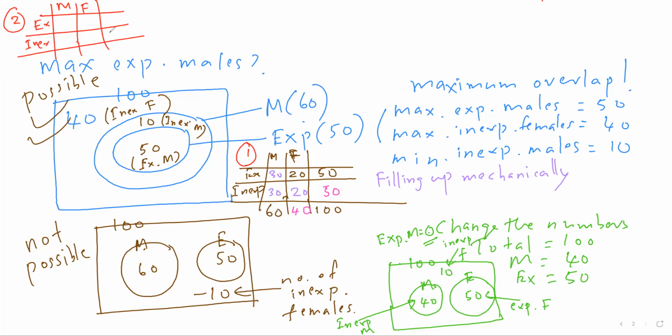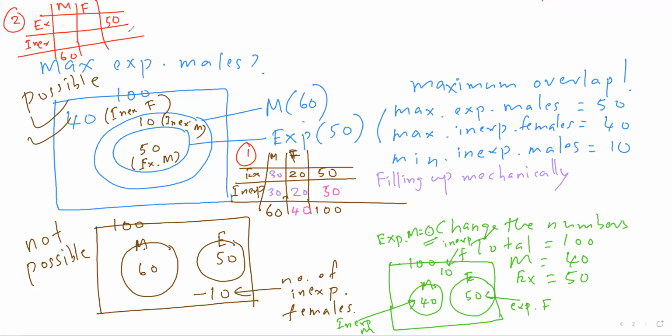It was given that the total number of males is 60, and the number of experienced people was 50.